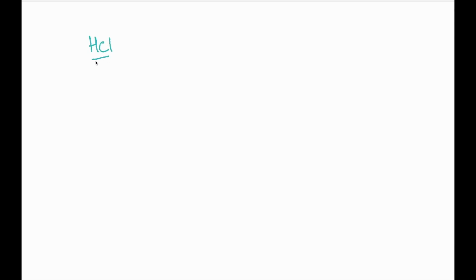HCl, or hydrogen chloride as it is known, is a colorless gas which is not acidic when it is dry. But when we dissolve HCl in water, then hydrochloric acid will dissociate.